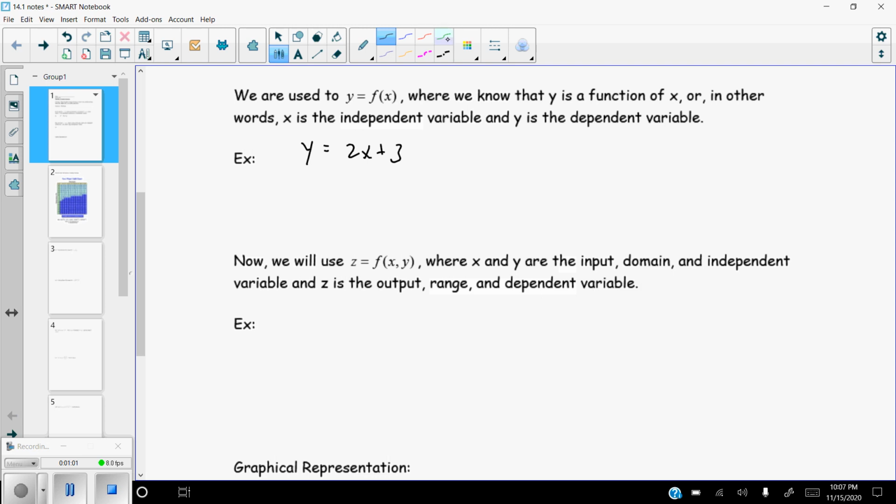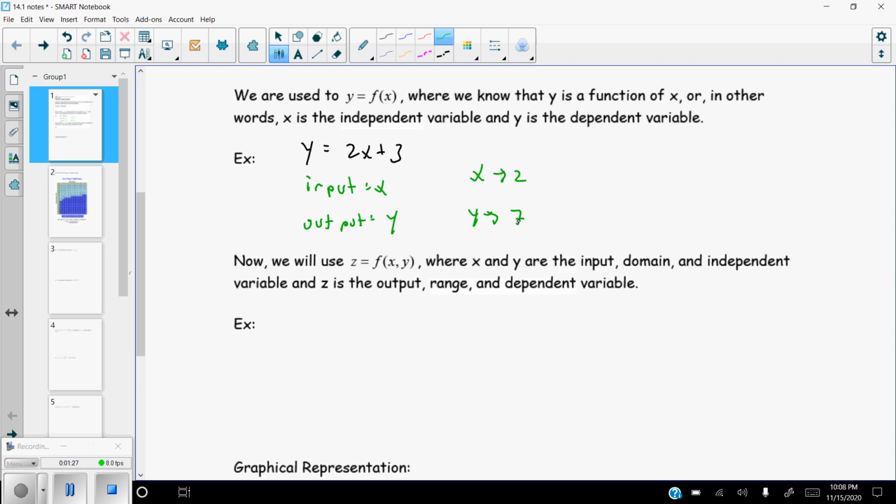The input here is x, and the output is y. So if we input x equals 2, you would get out 7 for y. That's the way we've been doing things in two dimensions.